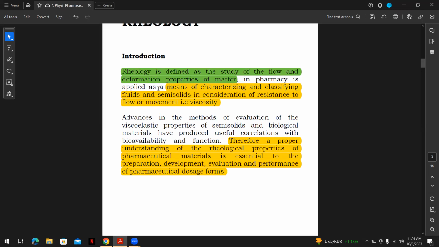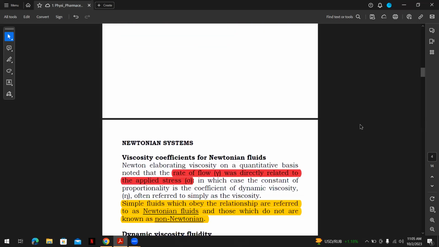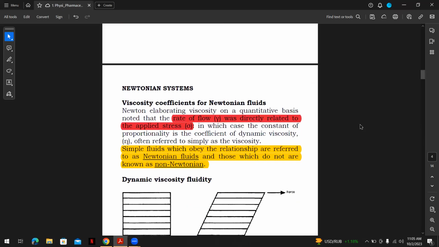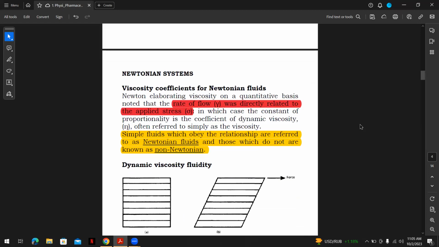We have Newtonian and non-Newtonian fluids, and the fact that a Newtonian fluid follows Newton's law, like the viscosity does not change with application of force. Any force does not change the viscosity.